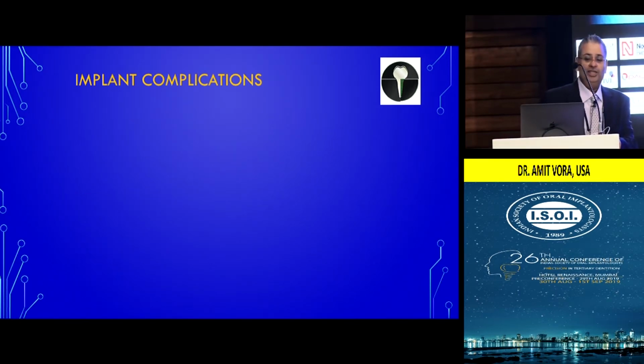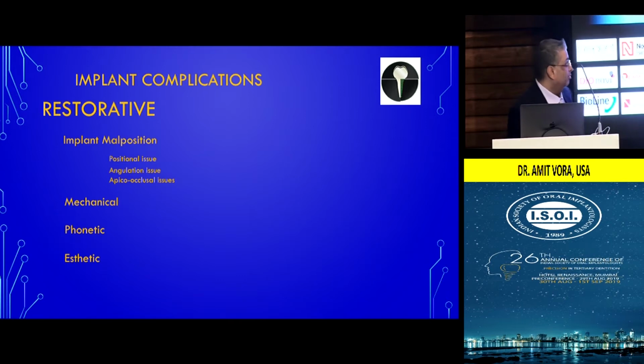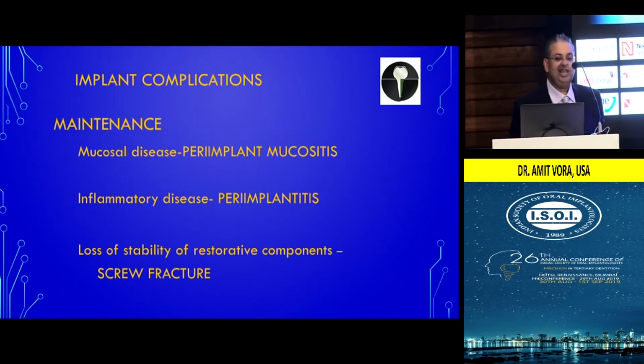And restoratively, we've noticed that there can be problems because of malposition, mechanical problems, phonetic problems, or aesthetic problems. In the maintenance phase, you can have mucosal disease, which is peri-implant mucositis, and inflammatory disease, which is peri-implantitis, which is what is going to be the focus of today's presentation. There can also be loss of stability of the restorative components, screw fracture being one of the main ones.